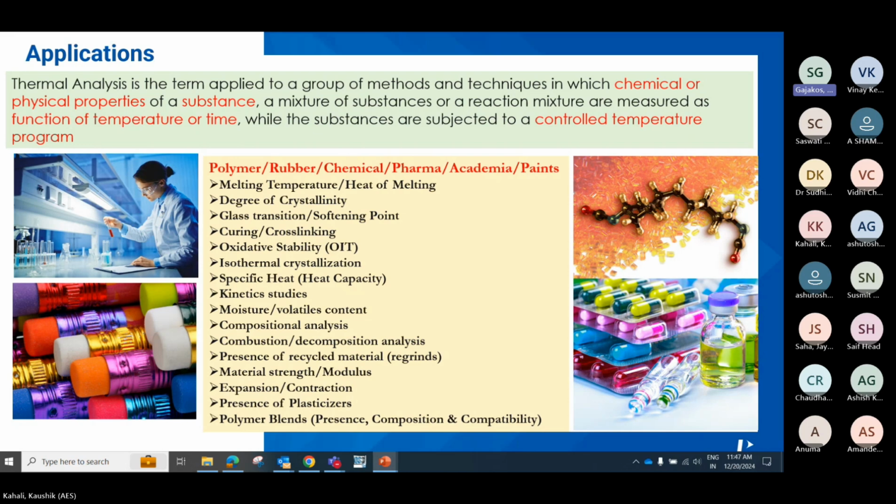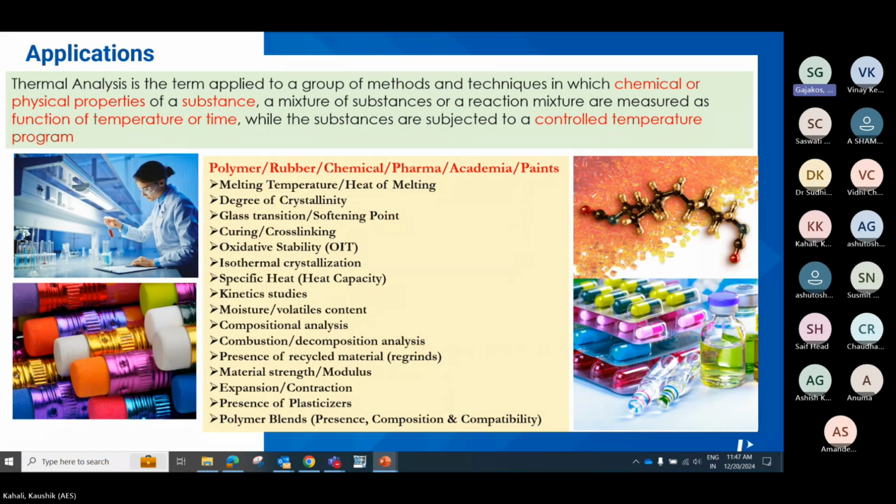This is mostly the melting temperature or the heat of melting, degree of crystallinity, glass transition, softening point, curing temperature, cross-linking, oxidative stability, which is also called oxidative induction time, isothermal crystallization, specific heat or the heat capacity, kinetic studies, moisture or volatile content, then compositional analysis, combustion, decomposition analysis, presence of recycled material, then material strength, modulus, expansion, contraction, presence of plasticizers, polymer blends, their presence, their composition, and the compatibility.